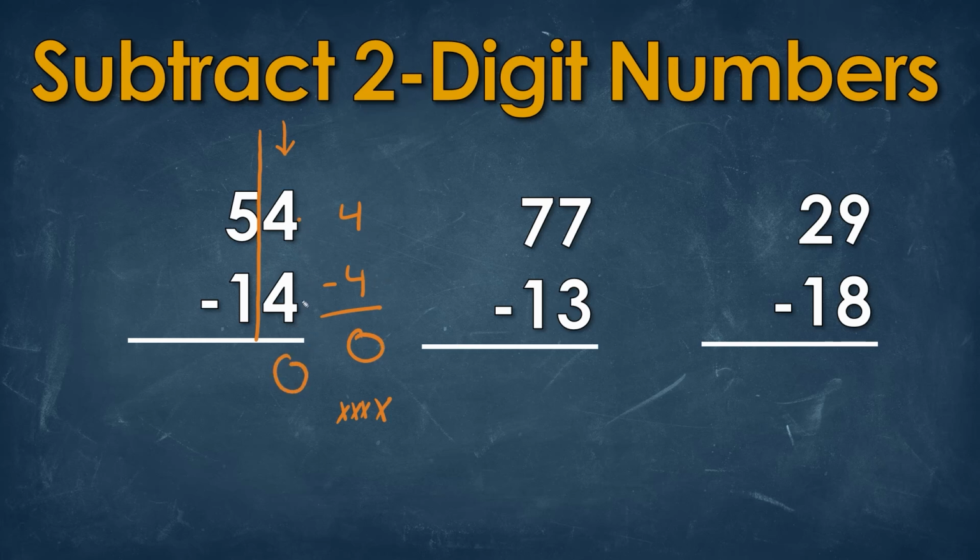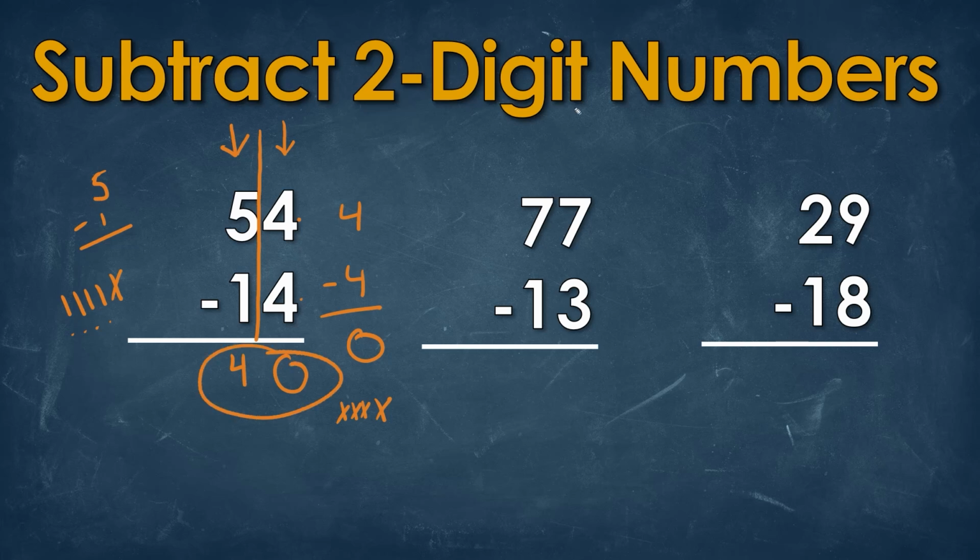Now, we did the right side. Let's take a look at the left side. We have a 5 minus 1. We could have 1, 2, 3, 4, 5. We subtract one, and we're left with 1, 2, 3, 4. So 54 minus 14 is 40.